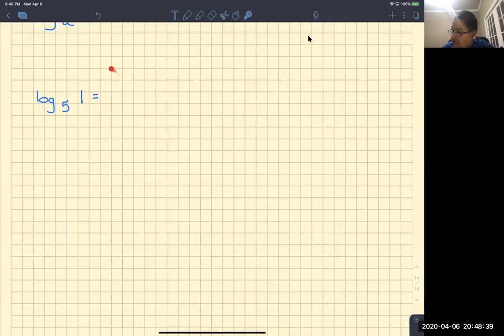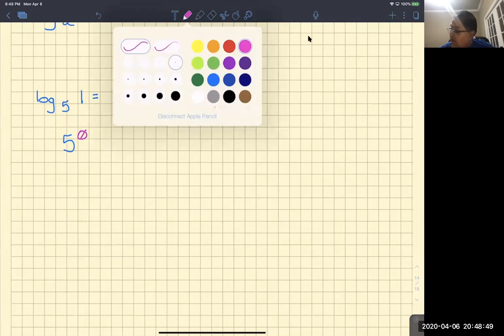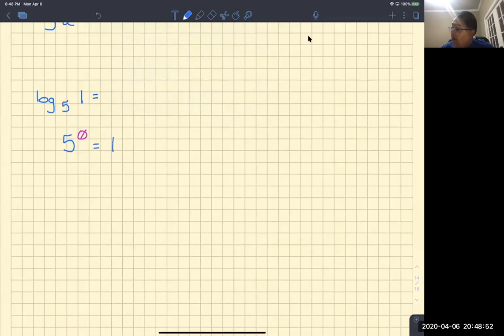If you remember, 5 to the 0 exponent results in 1. Anything to the 0 power is 1. So log base 5 of 1 is 0. And that is a known property of logarithms. Log of 1 to any base is 0, because any base to the 0 power results in 1.